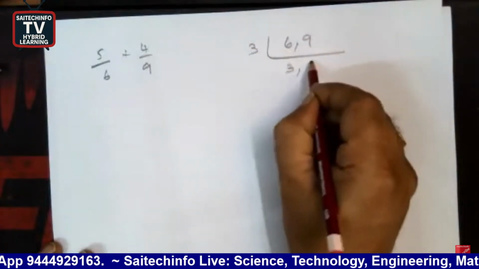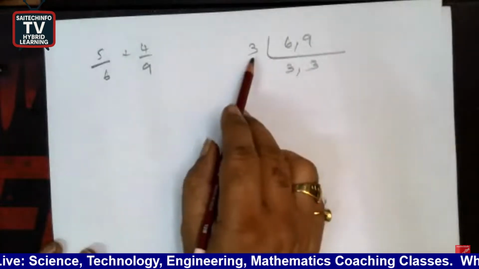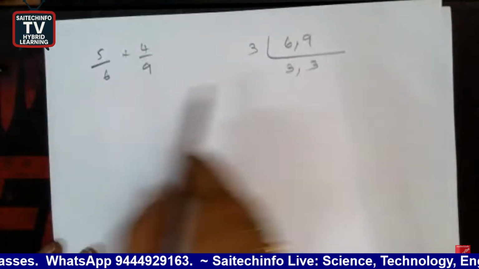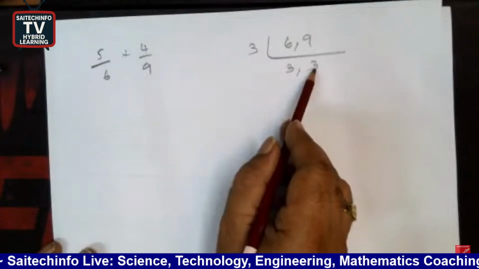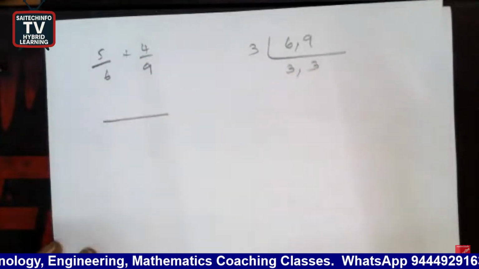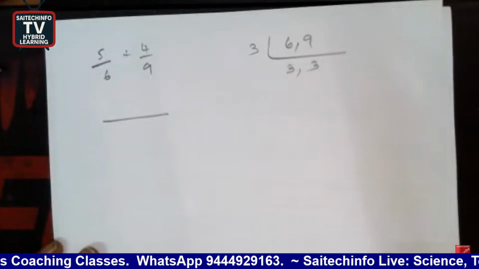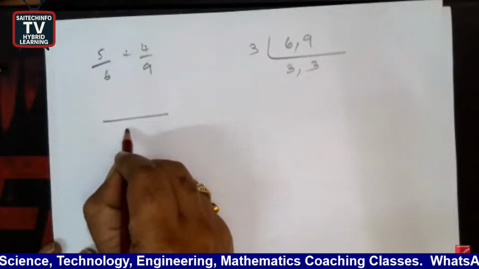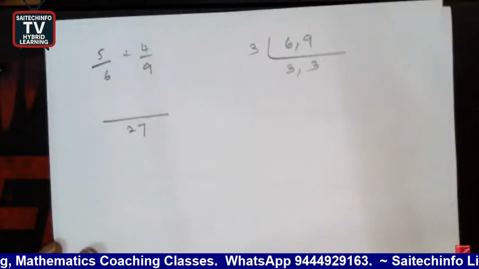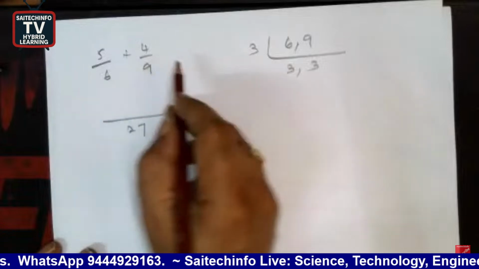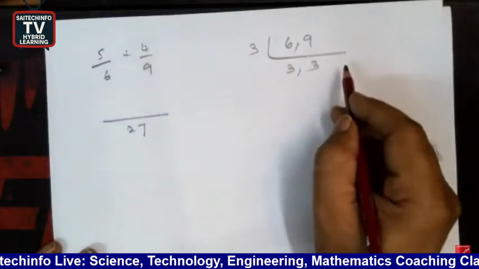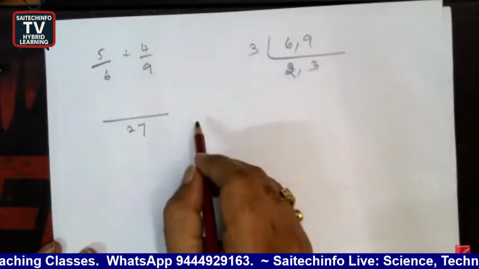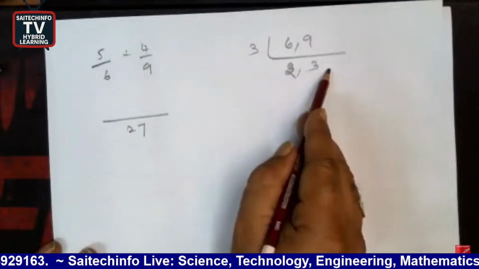So 3 3s are 9, 9 3s are 27. It won't go further. Okay, so better. 2 3s are 6, 3 3s are 9. So 3 2s are 6, 6 3s are 18.